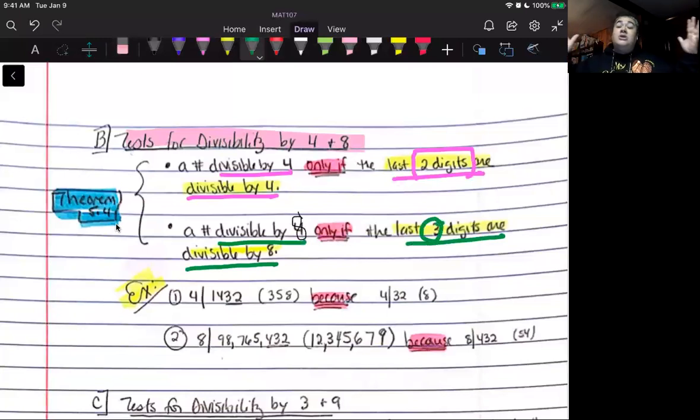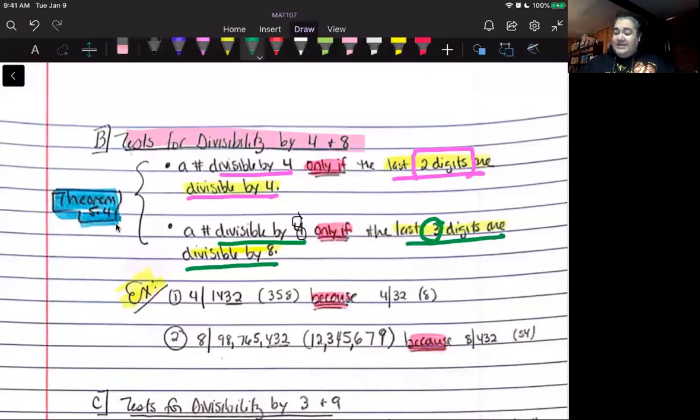So no matter how large the number is, if the last 3 digits create a number that is divisible by 8 evenly, meaning 8 goes into it with a remainder of 0, then that entire number will be divisible by 8. And if the last 2 digits create a 2-digit number that 4 can divide into evenly with a remainder of 0, then that entire number will be divisible by 4.